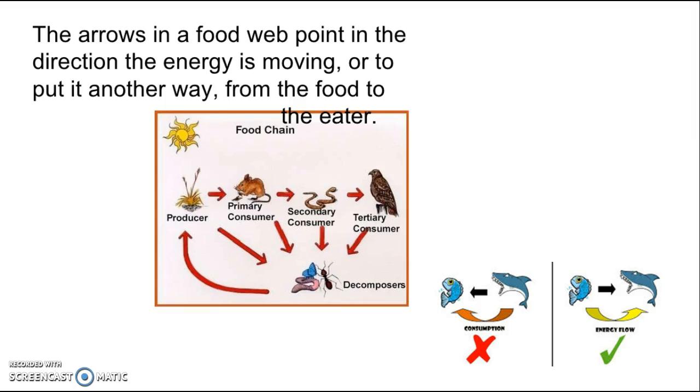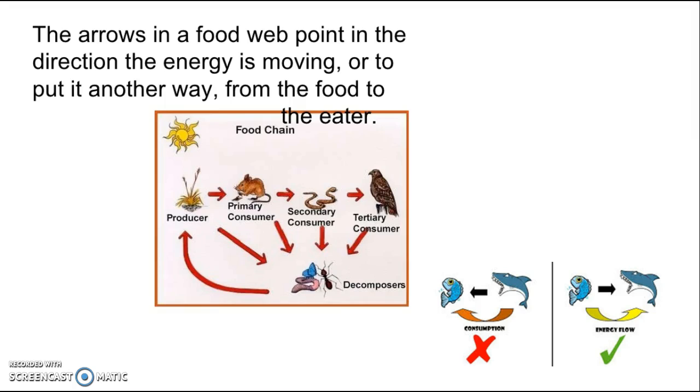Arrows in the food web, those are showing movement. That's the direction, and the energy is what is moving. Like this says, from the food to the eater. So don't get it backwards, just like the one down at the bottom. Consumption, the arrows are not talking about who eats what.